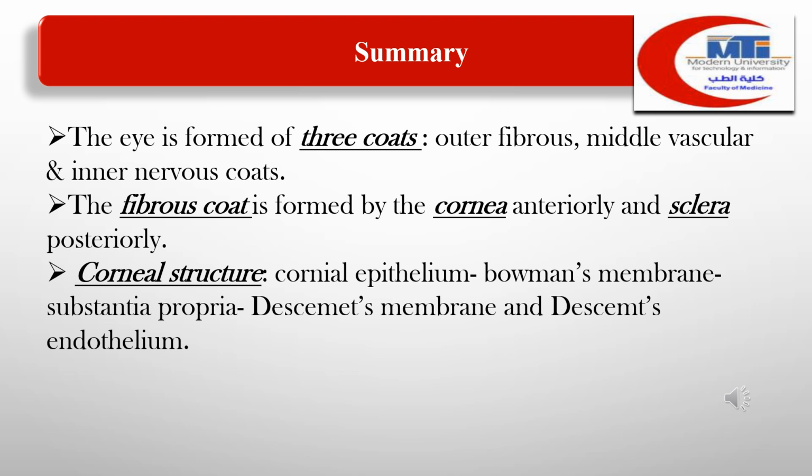The corneal structure is formed of 5 layers: corneal epithelium, Bowman's membrane, substantia propria or the stroma of the cornea, Descemet's membrane, and finally Descemet's endothelium, which lines the inner surface of the cornea.